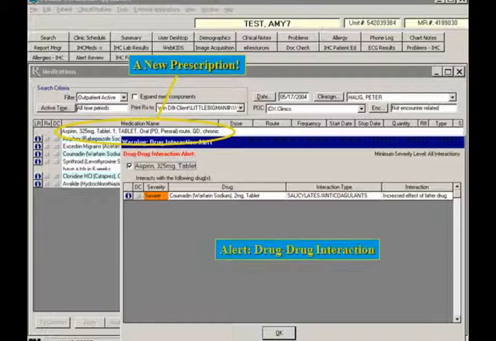Here we have an example of a drug interaction display. I think most people have seen these from some demo or experience with the clinical information system, but the patient is just being prescribed aspirin.